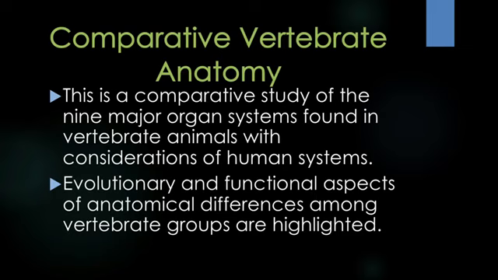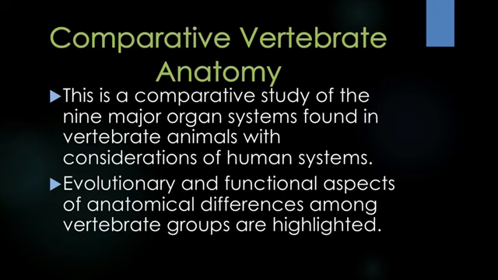So all these systems are compared between vertebrate animals, and in comparison, the evolutionary and functional aspects of anatomical differences are highlighted, such that scientists can trace the history of evolution by comparing the anatomical structures of different species and the physiological functions of these structures.